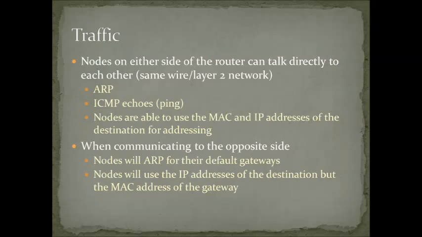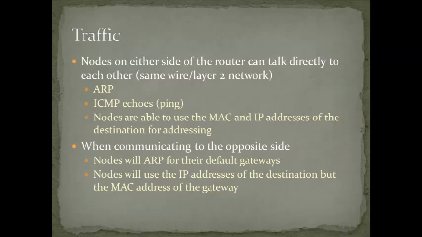Now the traffic on the network is pretty straightforward. Hopefully by this point, if you're looking at this for IP version 6, you have a pretty good handle on IP version 4 traffic. Nodes on either side of the router can talk directly to each other. This means that they're on the same wire or the same layer 2 network. Hosts 1.1, 1.2, and even the router 1.254 can talk directly to each other.